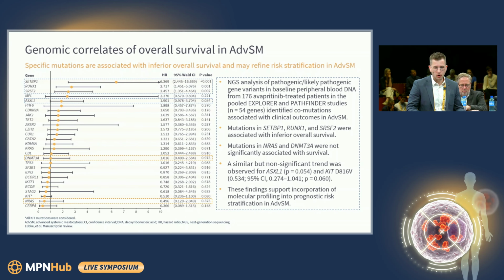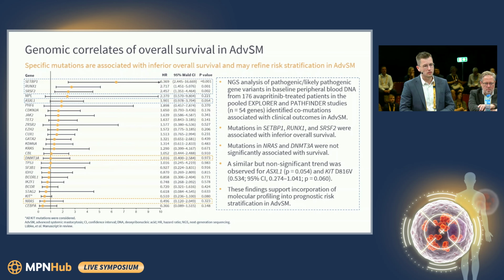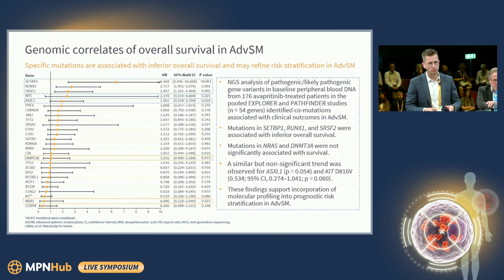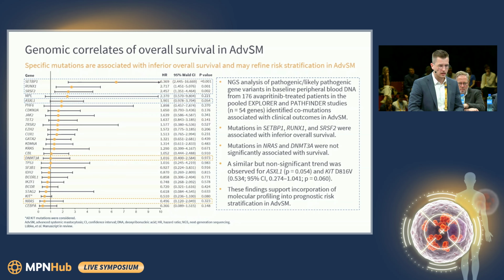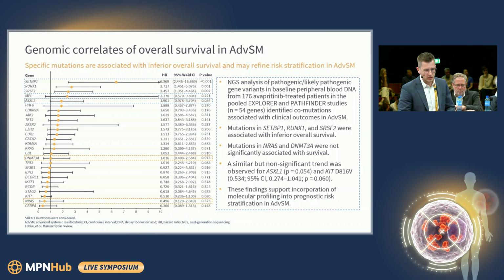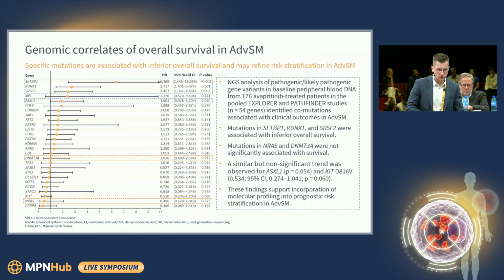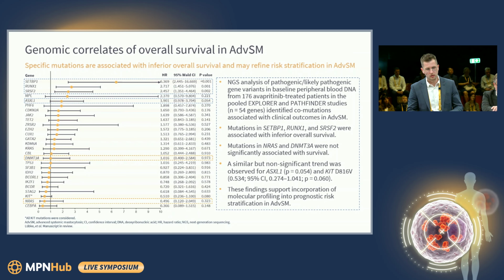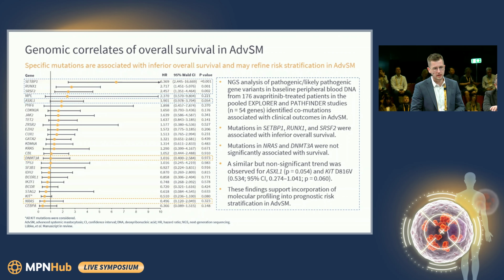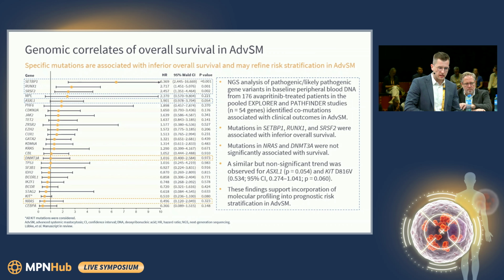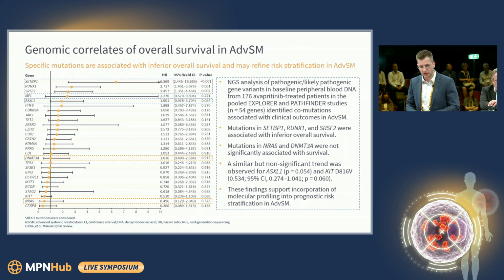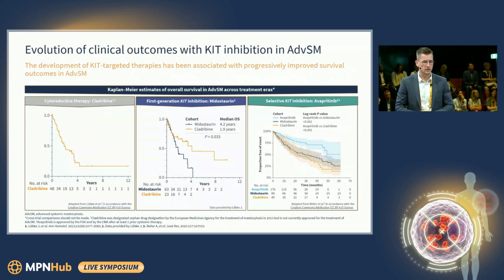They were previously reported in other reports to be associated with prognosis in broader SM populations, but we could not find any statistical significance here. For ASXL1, we know this from historic cohorts. We know that also very well described over the last couple of years. We found here a borderline significance with impaired prognosis. But what does it mean? It really means that we should incorporate molecular profiling into a prognostic risk stratification in advanced systemic mastocytosis.